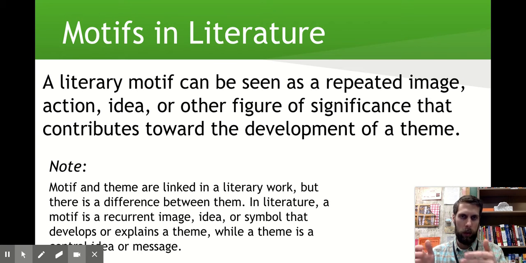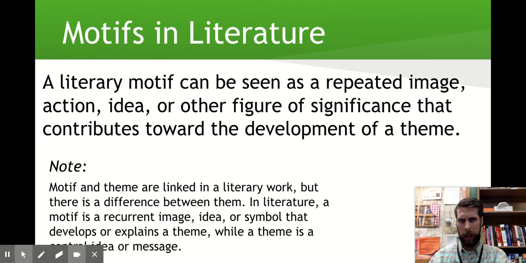You're talking about this symbol, or the color blue, or the way that the character is always obsessed with his or her name. And we see this quote, this quote, this quote, in this chapter, this scene, and three chapters later, we return to this, or every time we get into this setting or this character's dwelling place, the author is drawing our attention to this detail, and that sort of thing is repeated. Why is an author doing this?